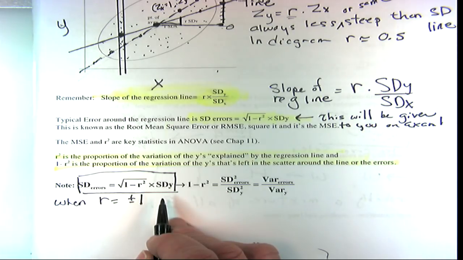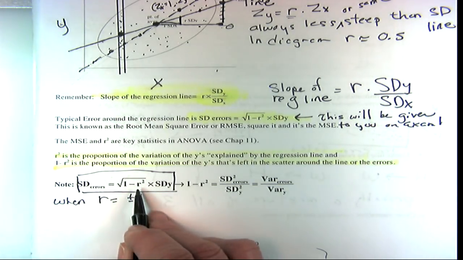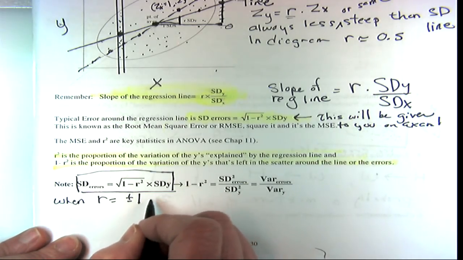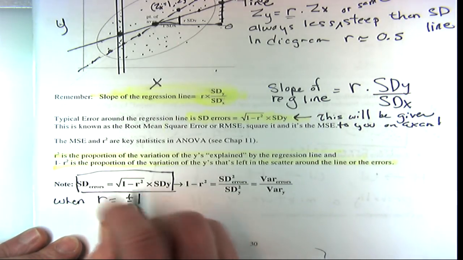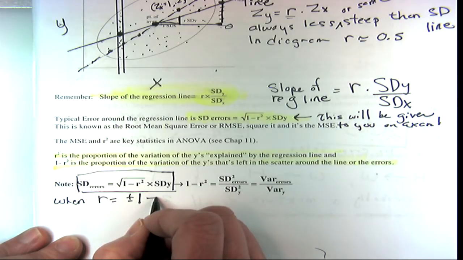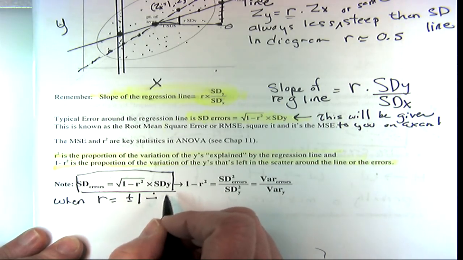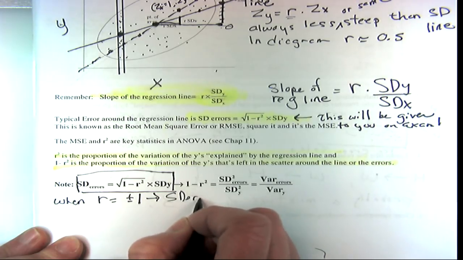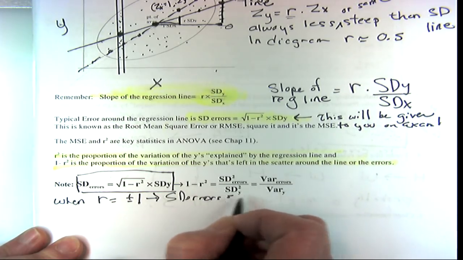You'd have 1 minus 1 times the standard deviation of y. So you'd have 0. This would imply that the standard deviation of the errors is equal to 0.